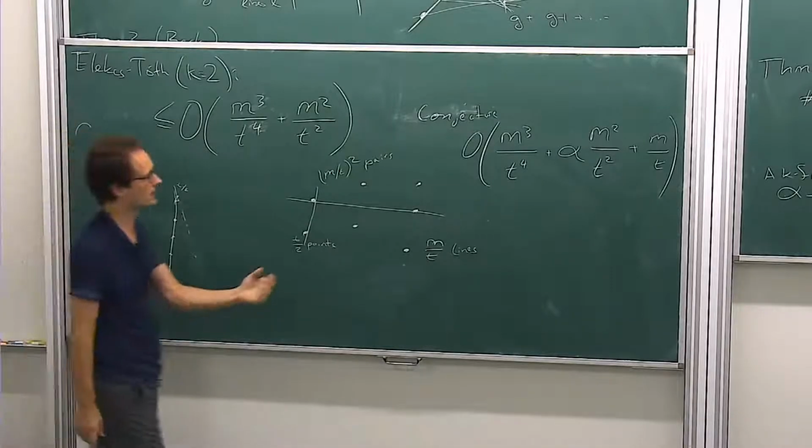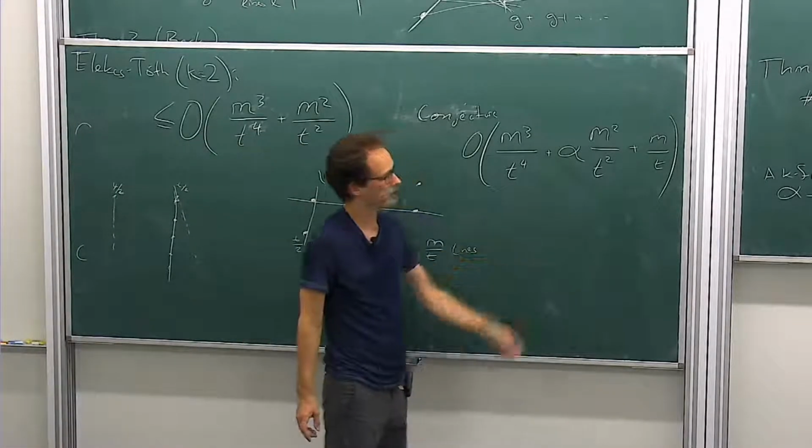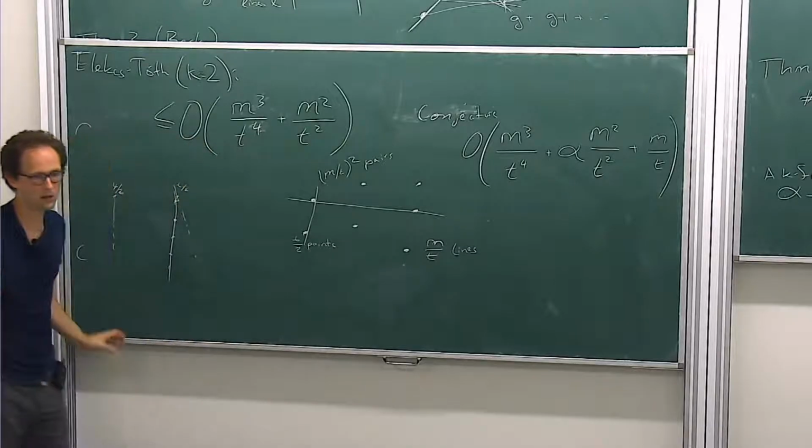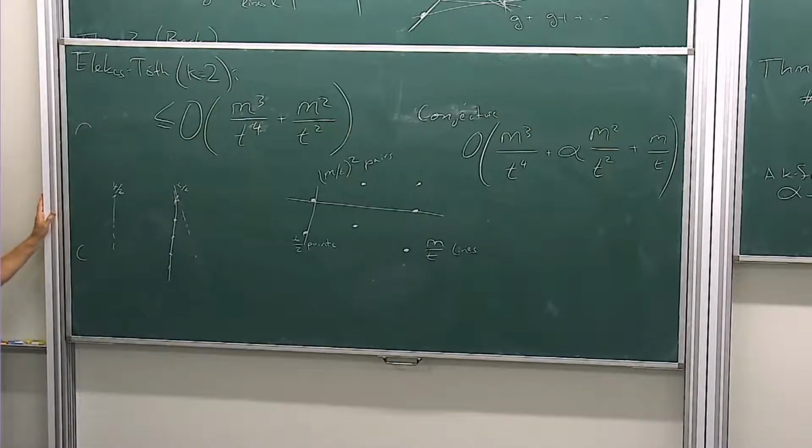And so when you look at this alpha here, I'm not so sure whether it could be done using purely combinatorial tools as in the results that I mentioned today.